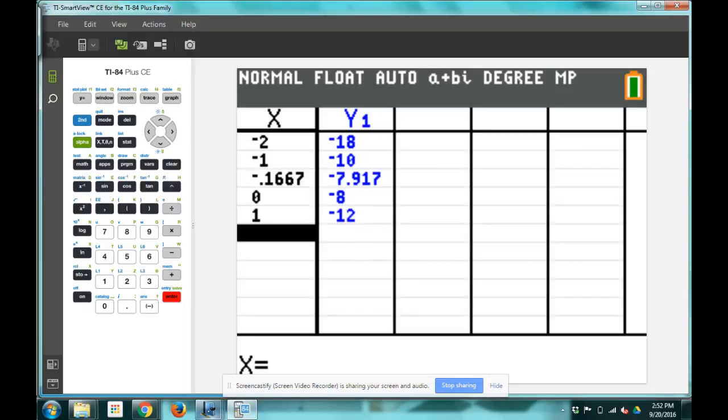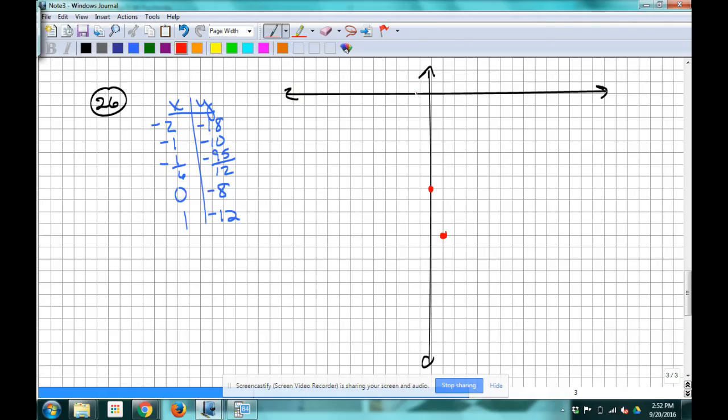That's negative 7.9, about right there. And then negative 1, negative 10. And then negative 2, negative 18. 12, 14, 16, 18. Dotted line for the axis of symmetry.